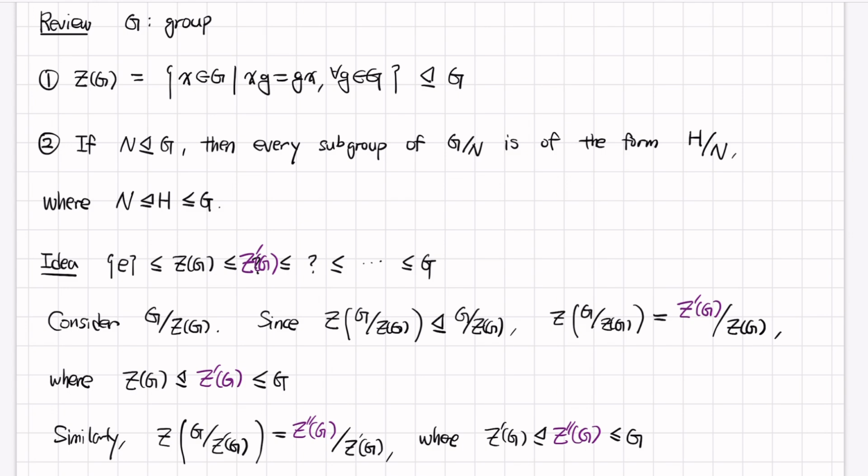So we can build up again another subgroup of G containing Z prime of G. So if we define the subgroups of G recursively like this, we can think of a chain of subgroups as follows.